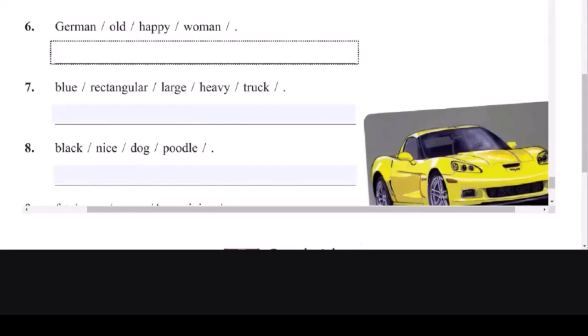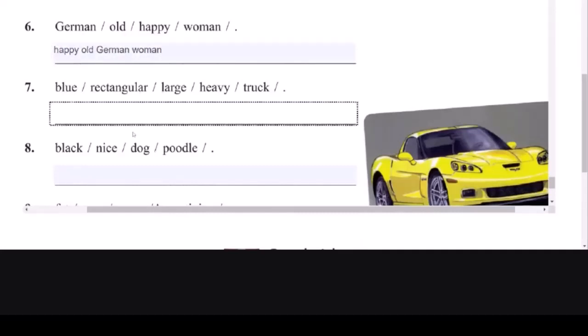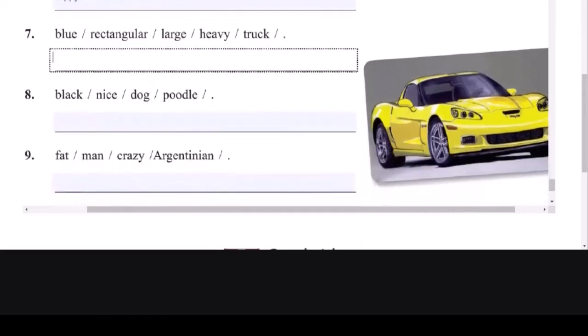Yeah, that's a condition that we can say. So yes, old. Because I always hear happy old, right? Happy old German woman. Old and happy German woman. Yeah, maybe it could be both. And that would be okay. Because you could be happy, it could be an opinion, or it could be a condition. It's debatable, maybe.